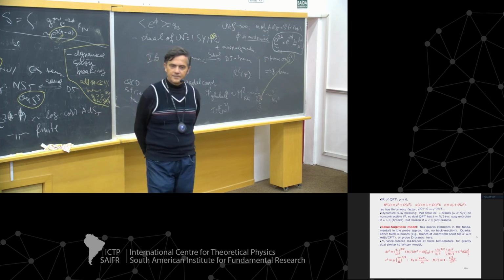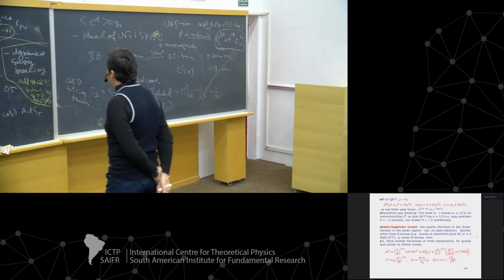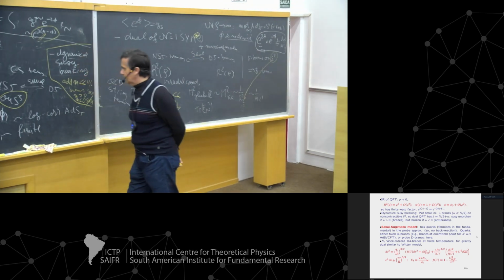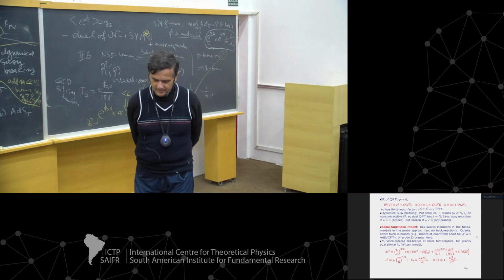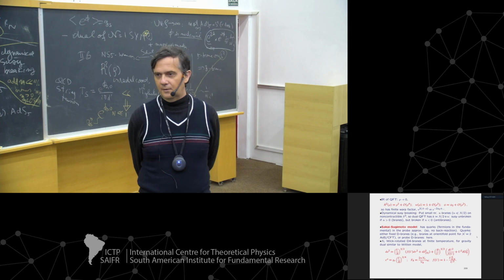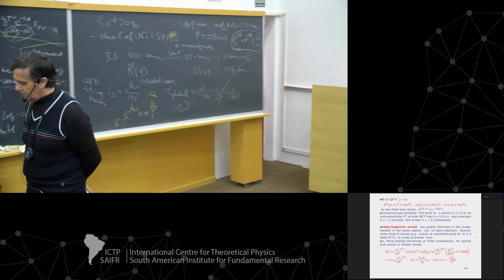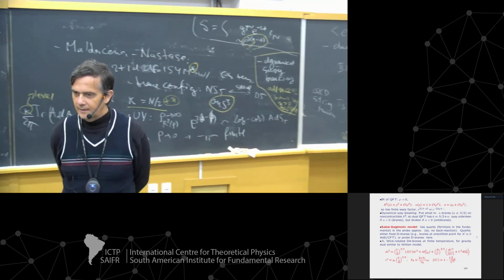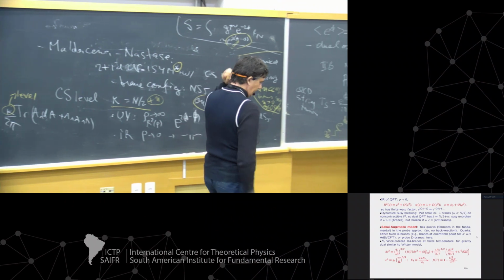SUSY is broken. So this is a very simple model for dynamical supersymmetry breaking, that was afterwards used in other places, for instance, in the KKLT model of cosmology, but in many other places people use this kind of idea.